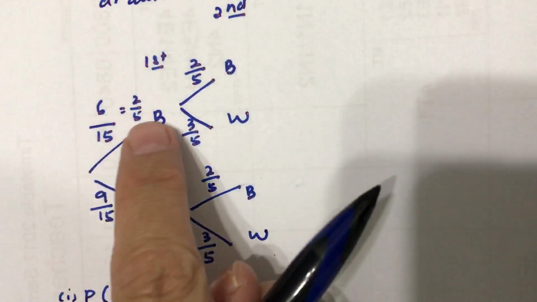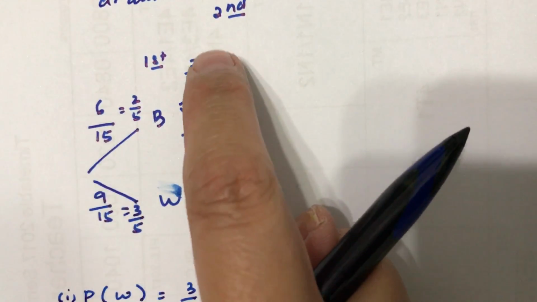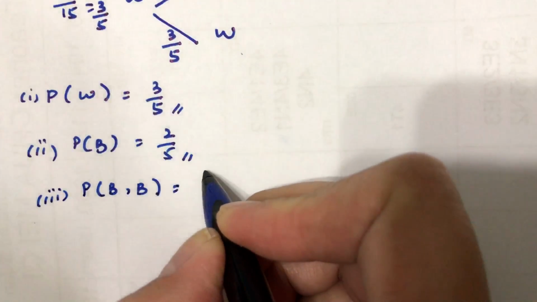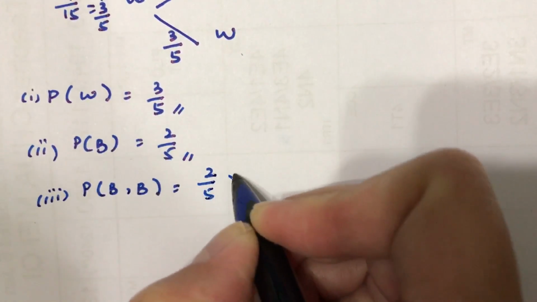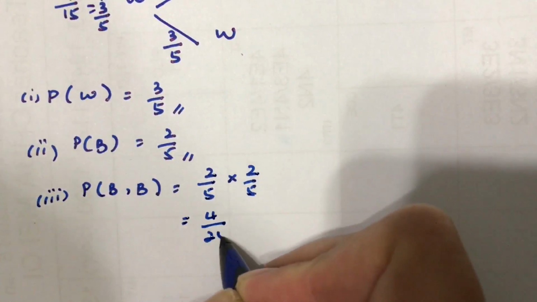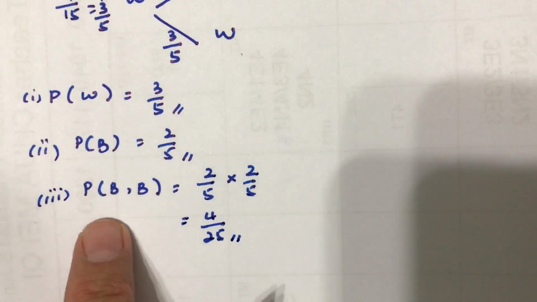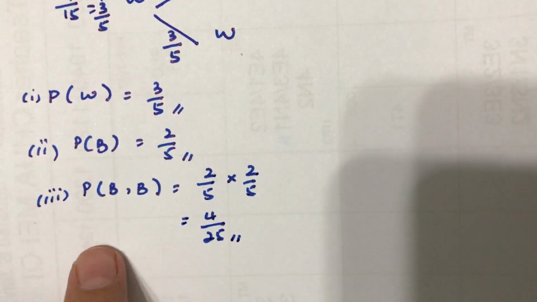For the first time, to get a black is 2/5. Second time around, to get black is 2/5. Since it's 'and', it's multiplicative, so we have 2 over 5 times 2 over 5. We'll be able to get 4 over 25. So there you have it. This is the probability of no white tokens, which is just black and black.